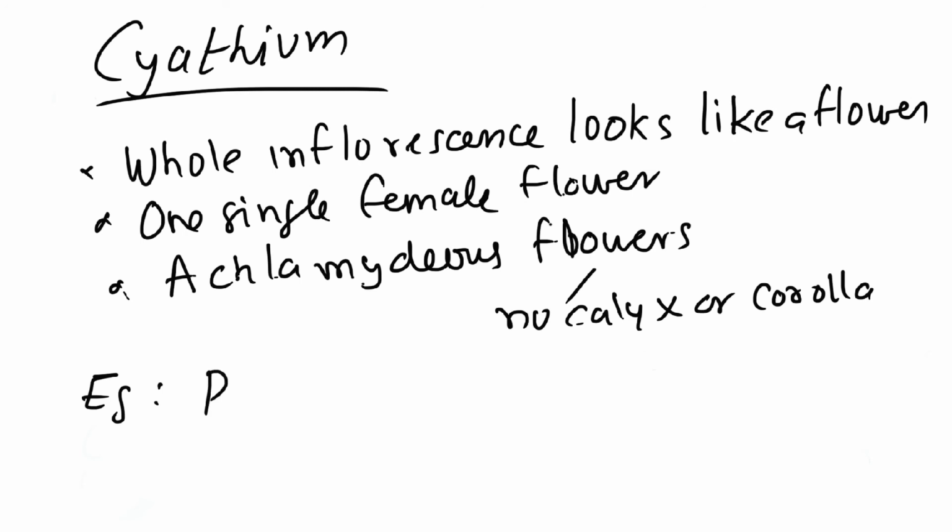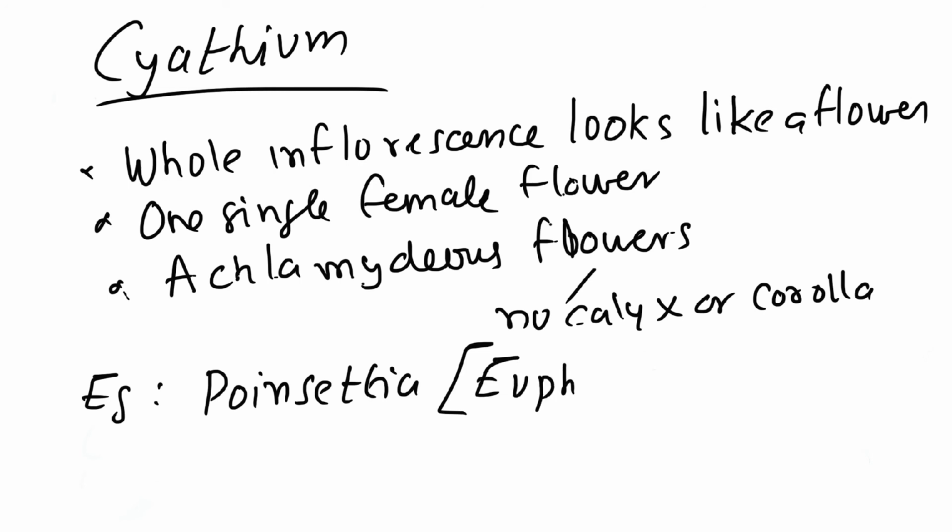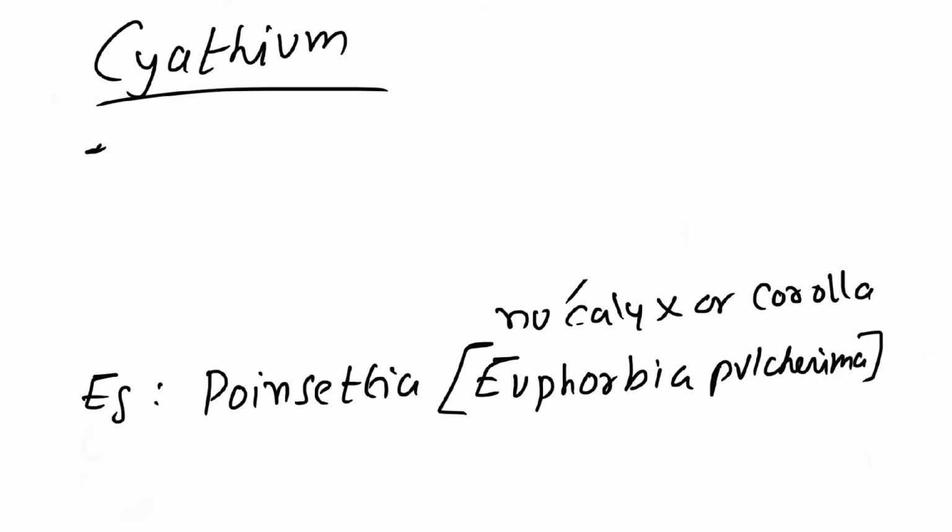In poinsettia, that is Euphorbia pulcherrima, we see the prominent feature of it having Achlamydeous flowers. So note that point.